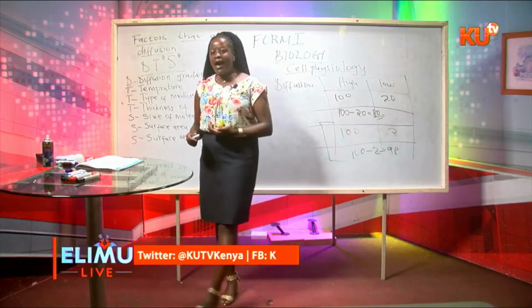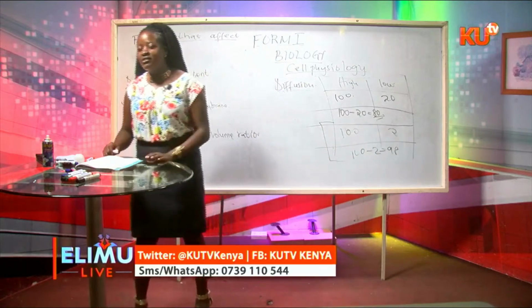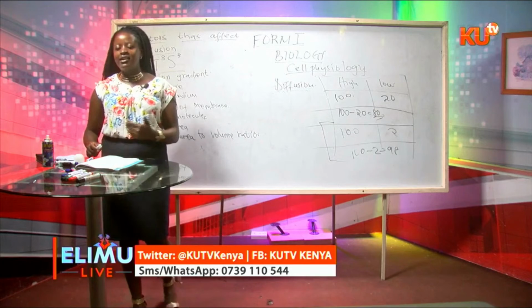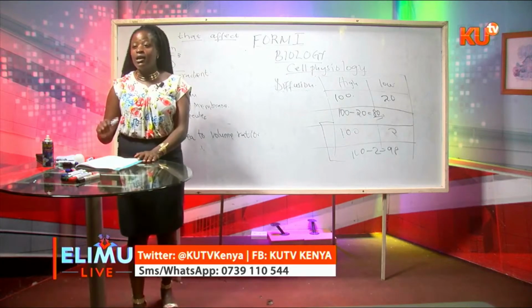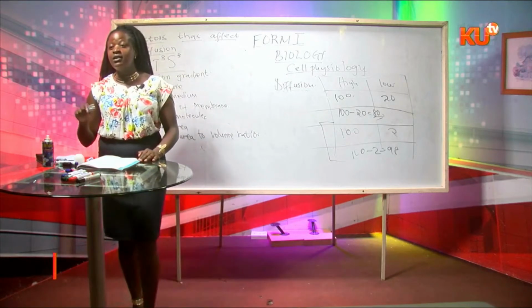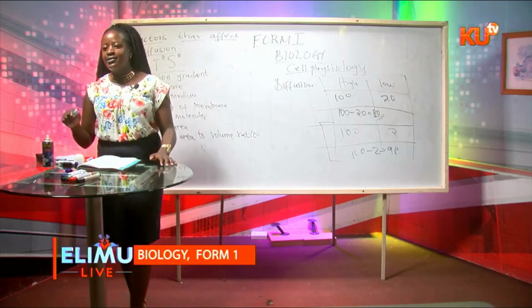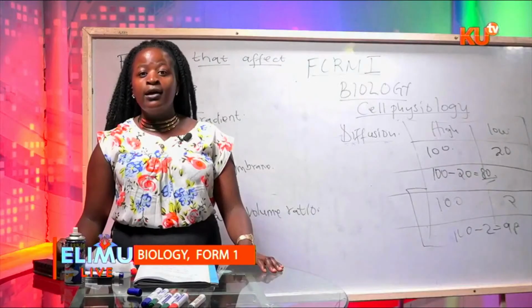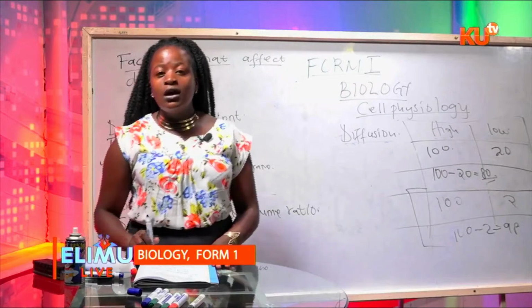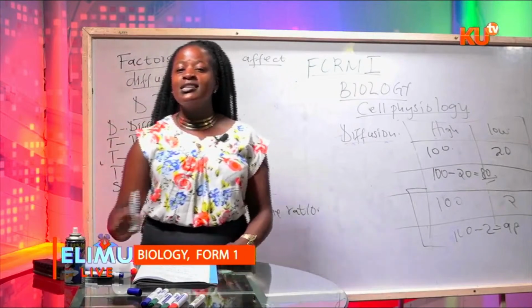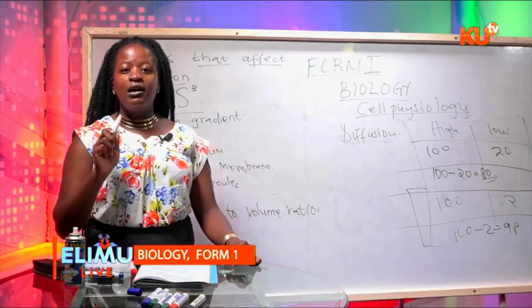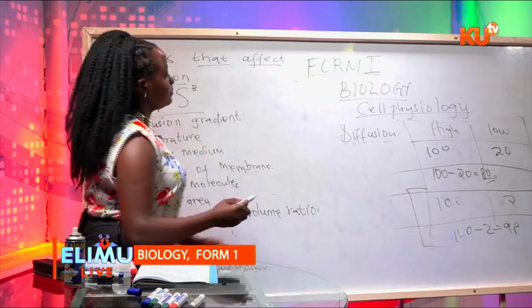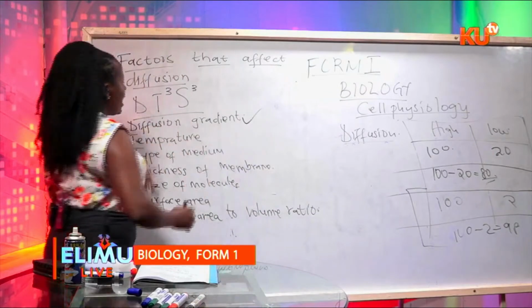So the higher the concentration gradient, the greater the rate of diffusion. The lower the concentration gradient, the lower the rate of diffusion. So don't get confused. Concentration gradient and diffusion gradient mean the same thing. After that, we have temperature.